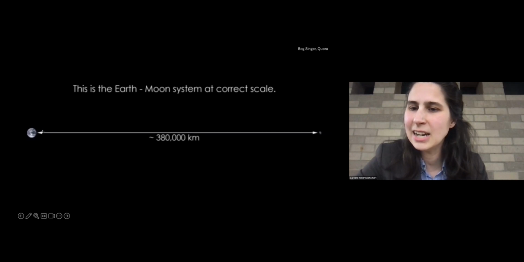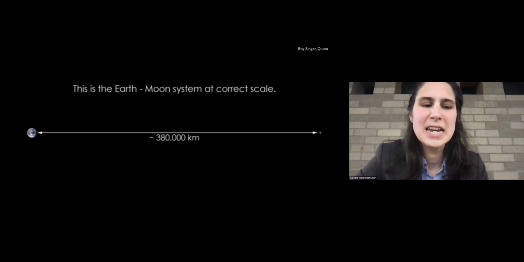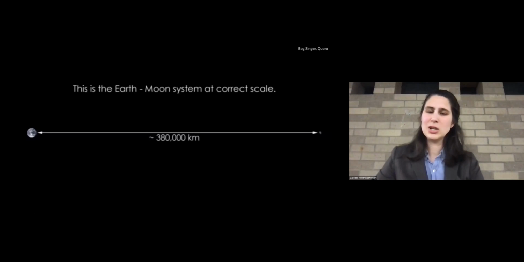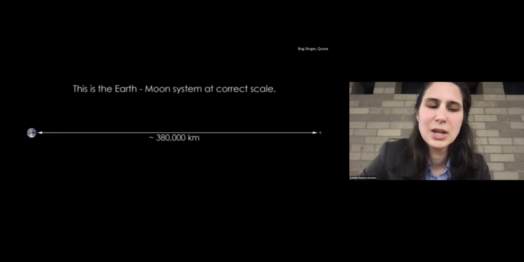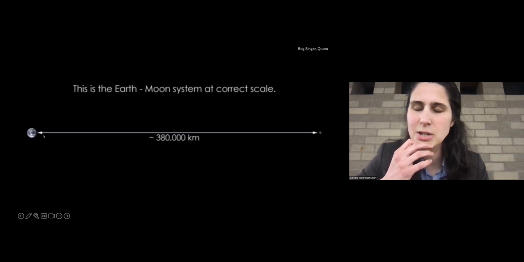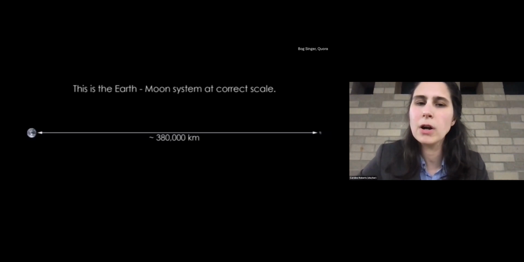And that teeny tiny thin shadow of the moon needs to fall on the target of the Earth way back here. And getting all of the positioning right so that that happens, you can start to understand that it's a bit rare that that little moon shadow is going to be able to fall on the Earth. It's a little bit easier to understand once you remember how far separated things are in space.